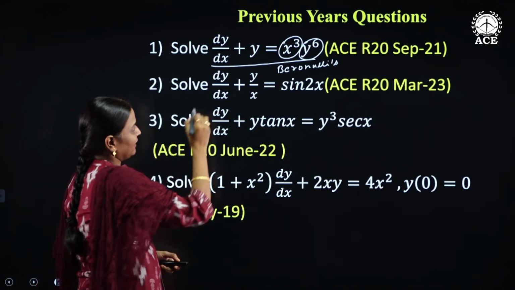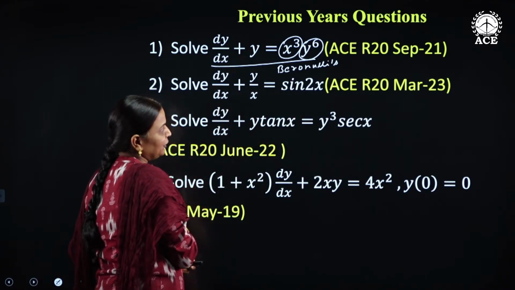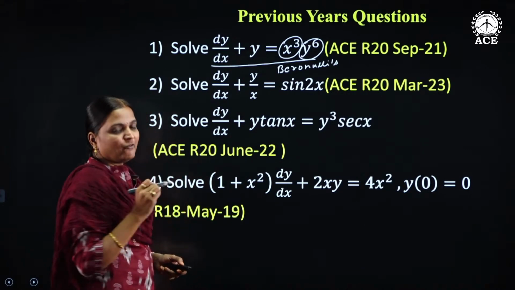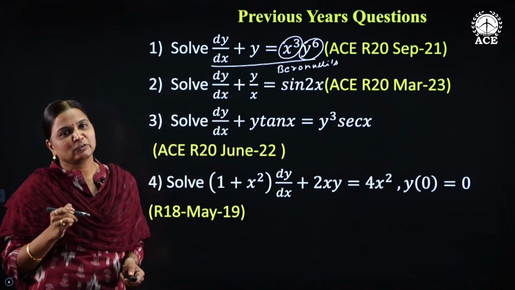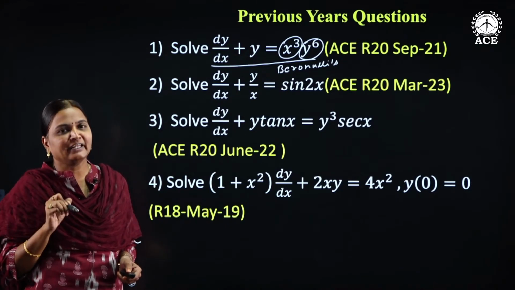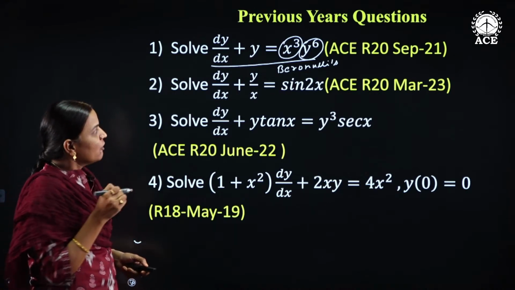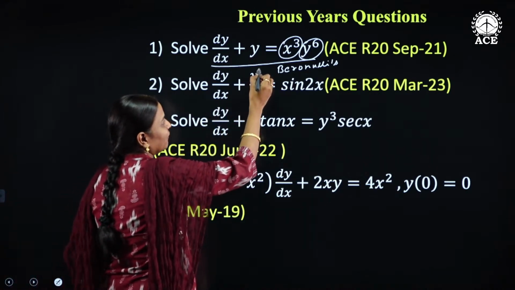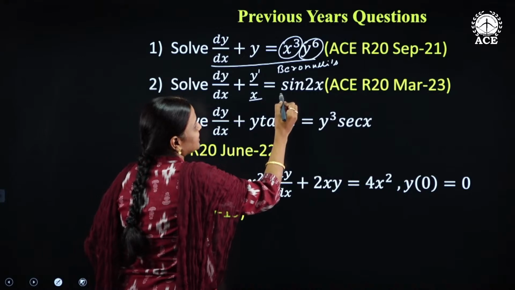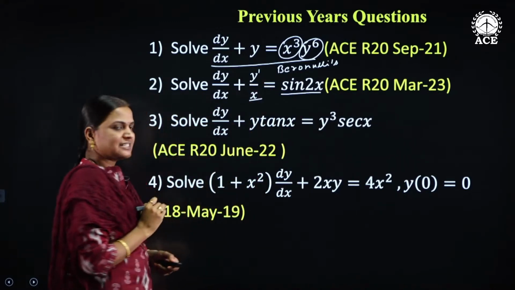Coming to the second question, dy by dx plus y by x is equal to sine 2x. Observe clearly which variable appears with power 1. If you know that condition, then it is very easy to solve the differential equation. Here y appears with degree 1, and x appears with its function also, sine 2x. So here only y appears with degree 1.